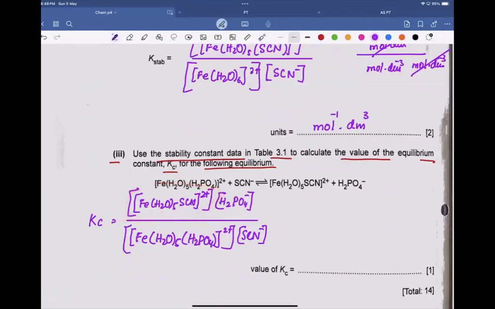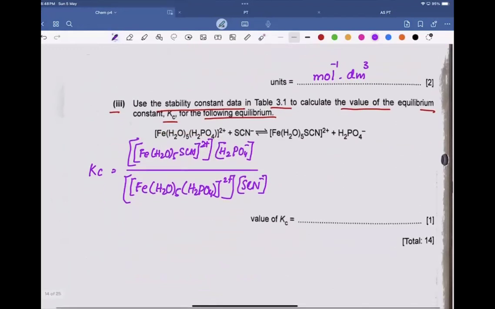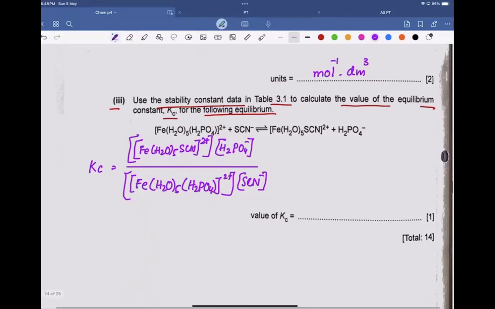So the Kc of this equation is, if I call this one K step 1 and this one K step 2, 2 divided by 1. 2 is this and 1 is this.